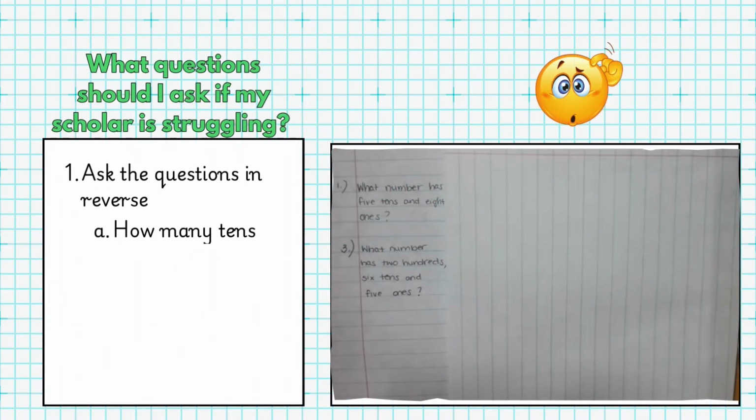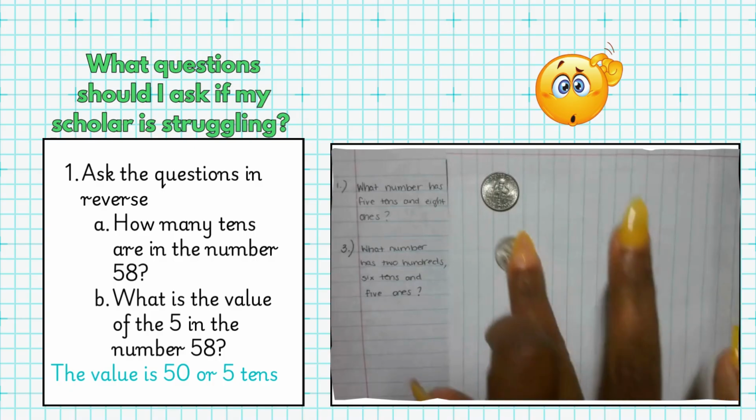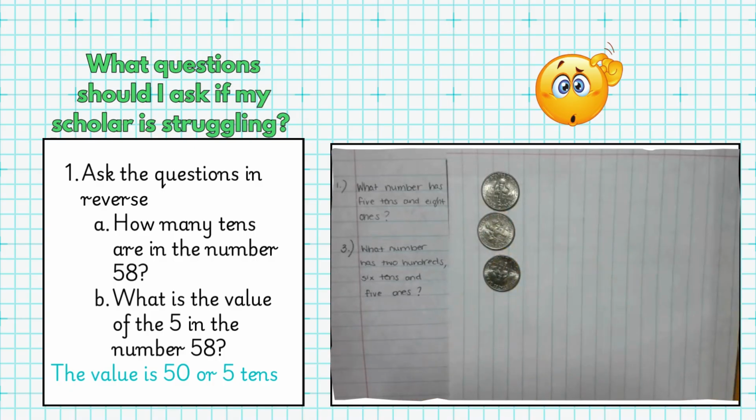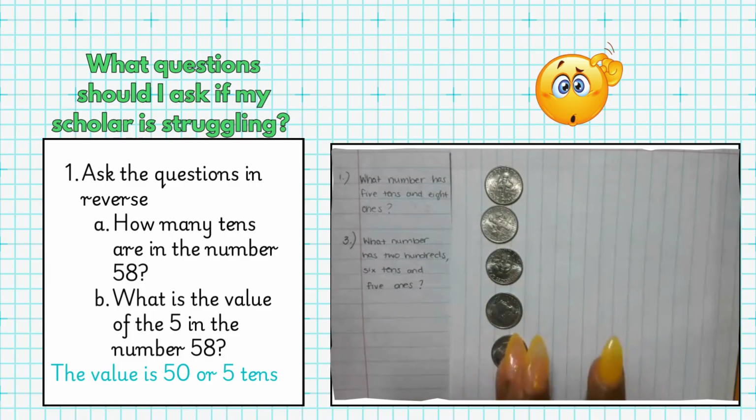If I had a scholar that was still struggling with this concept, another way I would represent this is with dimes and pennies. So, in the question it asks, what number has five tens? To represent the tens, I would use dimes. And we need five of those. Two, three, four, five. Okay. And the second piece says, and eight ones.